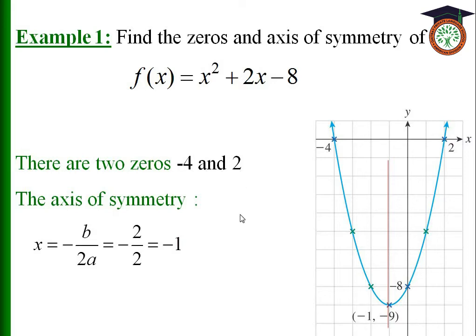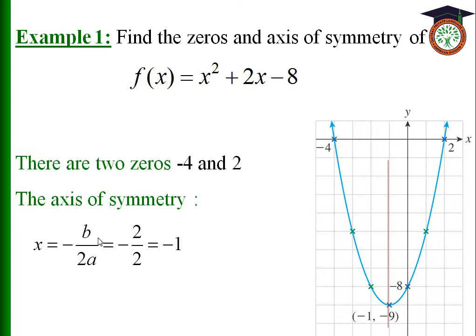And we said that if you want to find the axis of symmetry, it is drawn at the x of the vertex. How to find the x of the vertex? You have to use the rule x equals negative b over 2a. Go to your function and tell me what is a. The a here is 1 and b is positive 2.